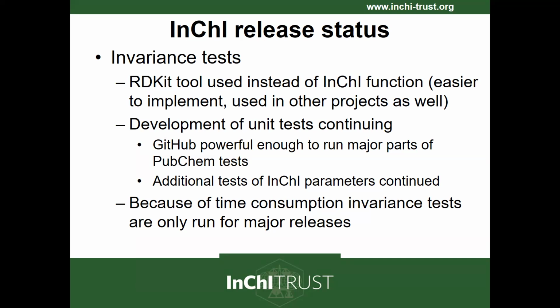For the invariance tests, we've discussed multiple ways. There is a tool within InChI, and there's an RDKit tool. We started with the RDKit tool, but it may not be the last answer. We are still working on finding out the pros and cons of each of those tools. Besides that one, we are going to introduce so-called unit tests on GitHub.